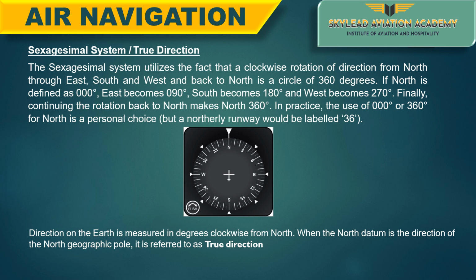East is considered as 090 degrees, south is 180 degrees, west is 270 degrees, and back to north it is 360 degrees. Direction on earth is measured in degrees clockwise from north. When the north datum is the direction of the north geographic pole, it is referred to as true direction.